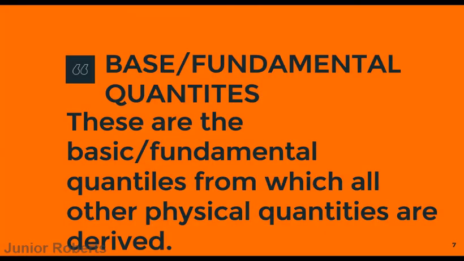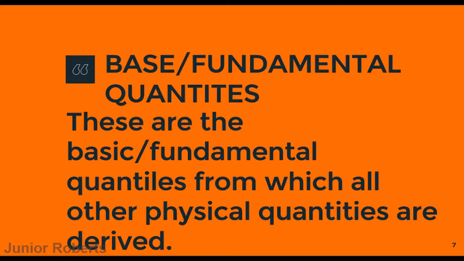When we consider base quantities, these are the basic or fundamental quantities from which all other physical quantities are derived. So from our base quantities we can derive other physical quantities.